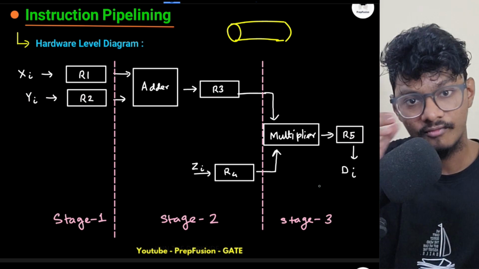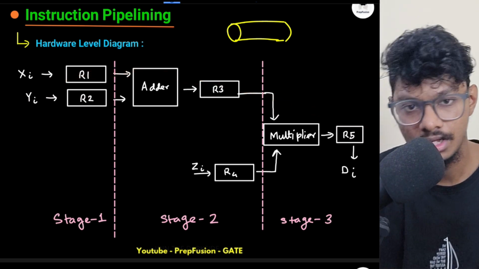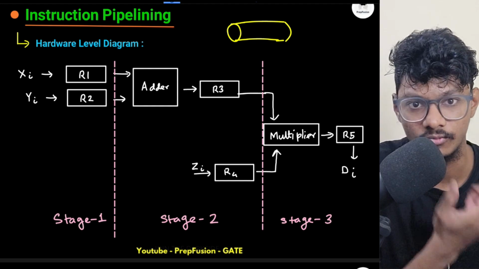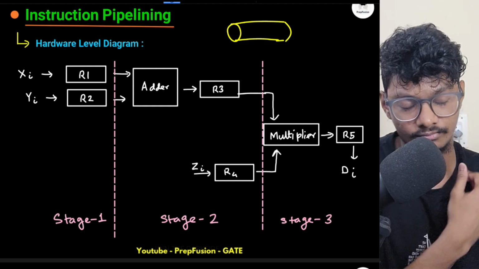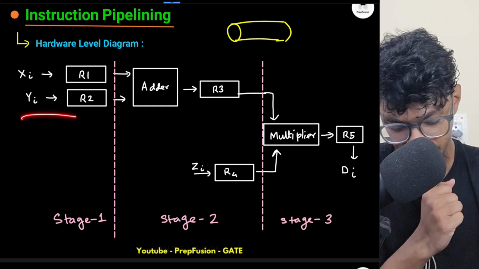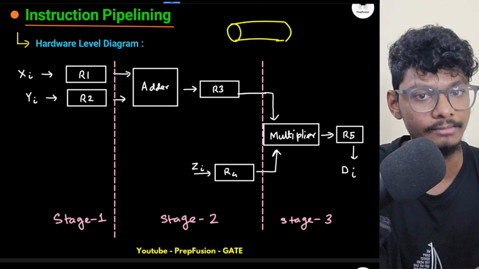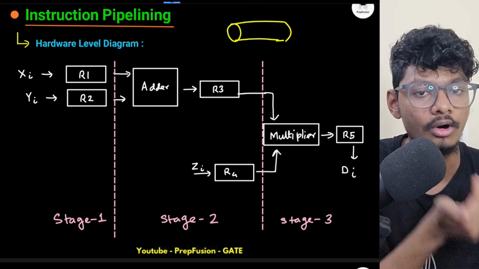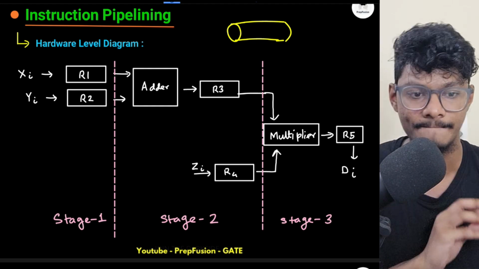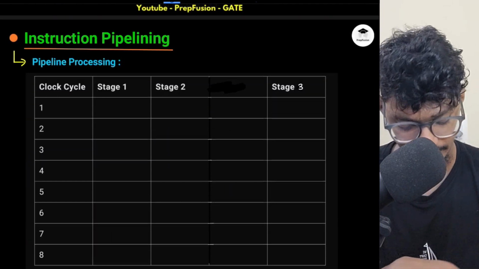After the first iteration, each time it will just take whatever time each stage takes. For fetching a new instruction it will not take much time, because only the first time water needs to come in and fill the pipe. After the pipe gets filled, water gets out as water comes in from the other side. In and out. So this is the hardware level diagram.